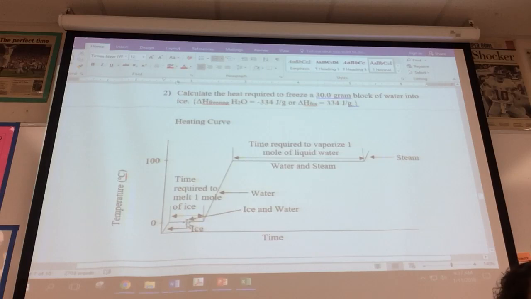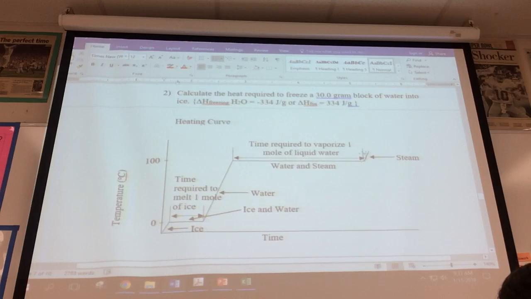Right here is where you would be looking at the delta H of fusion. You may want to indicate that on your graph. Water in the liquid state, and here water and steam coexisting at 100 degrees Celsius, where the substance is going to undergo vaporization. This would represent delta H of vap.